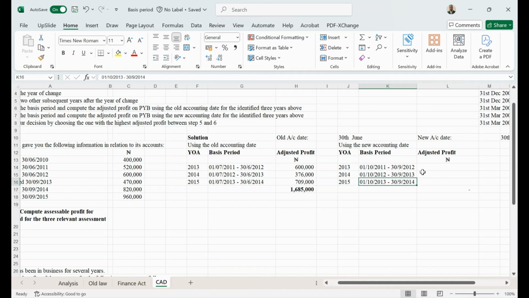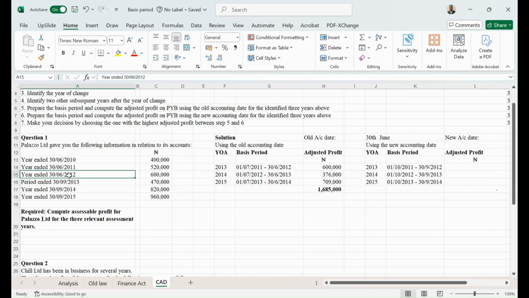So the next step is to now determine the adjusted profits. Where can we find these dates in our analysis here? I'm looking for a period between October 2011 to September 2012. So it's possible that I can see the dates somewhere here and here.